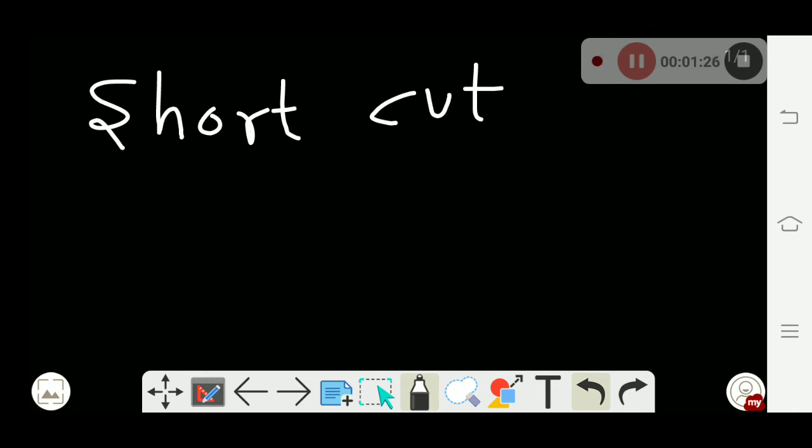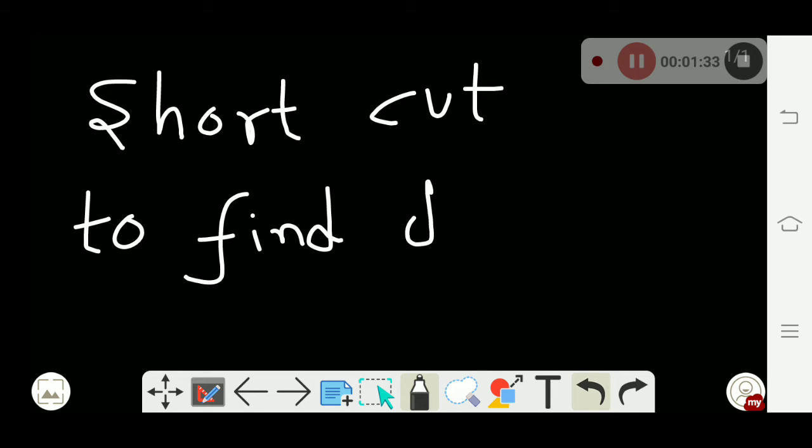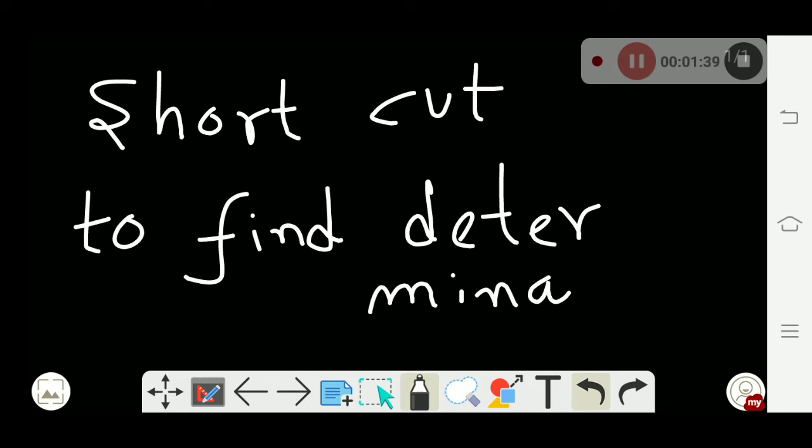So, shortcut to find the determinant of a given matrix.